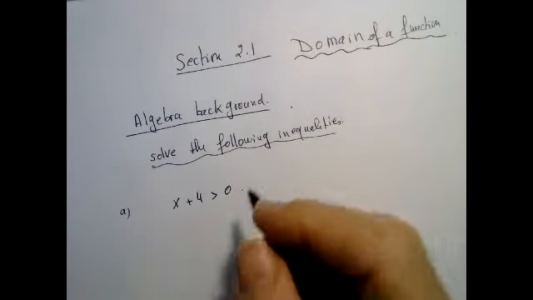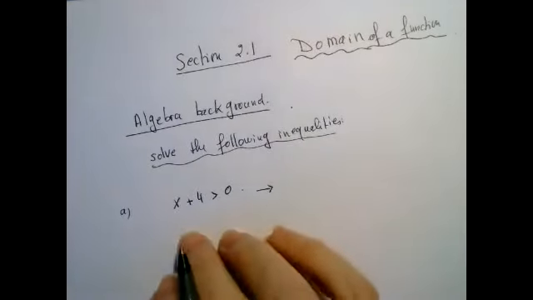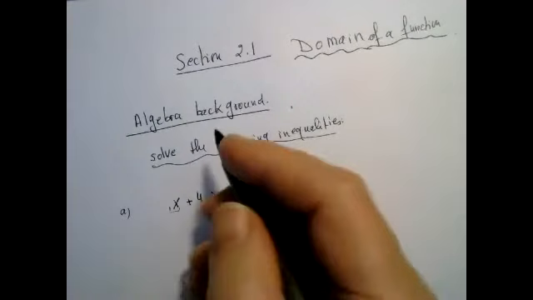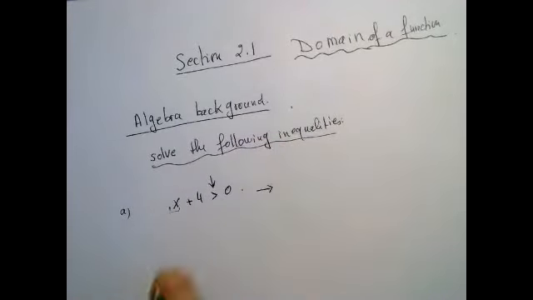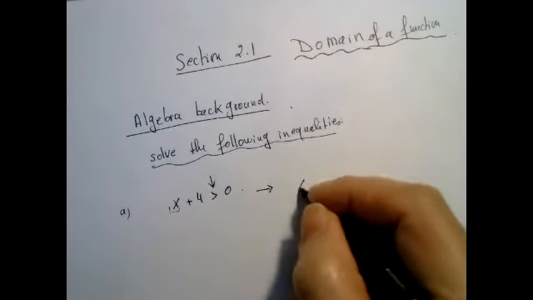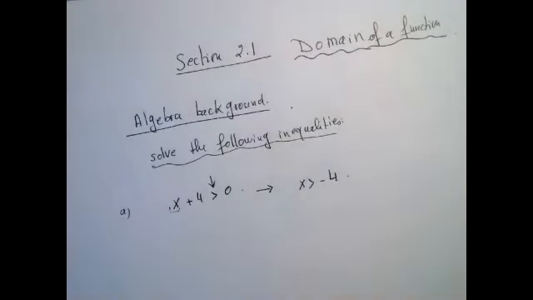So let us recall how to solve these inequalities. To solve inequalities like this, it's like solving the equation. I try to isolate my x, keeping track of the sign. If x plus 4 is positive, I subtract 4 from both sides. It means I need x to be larger than minus 4. I know you've seen this stuff.